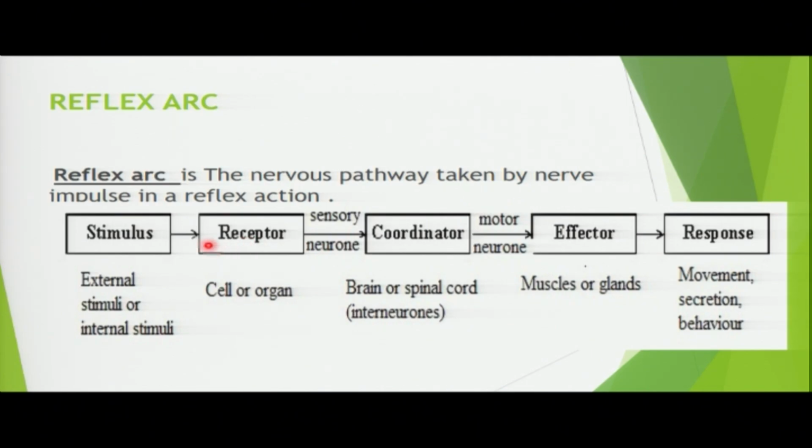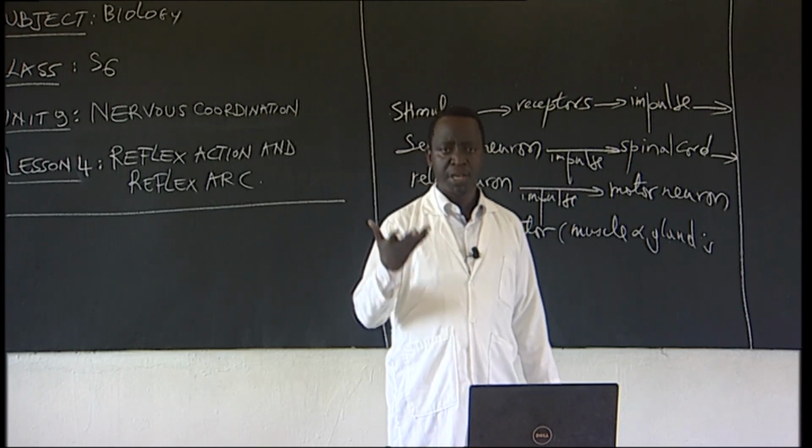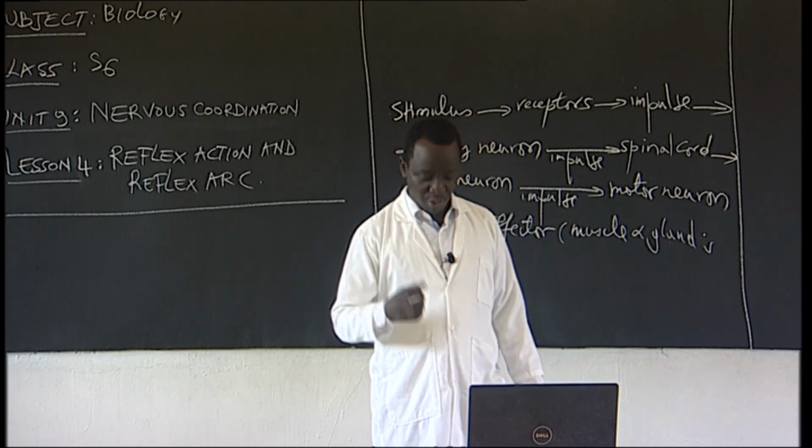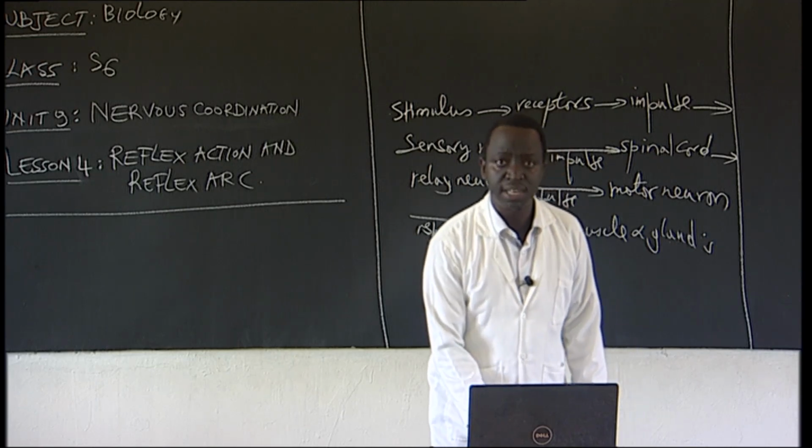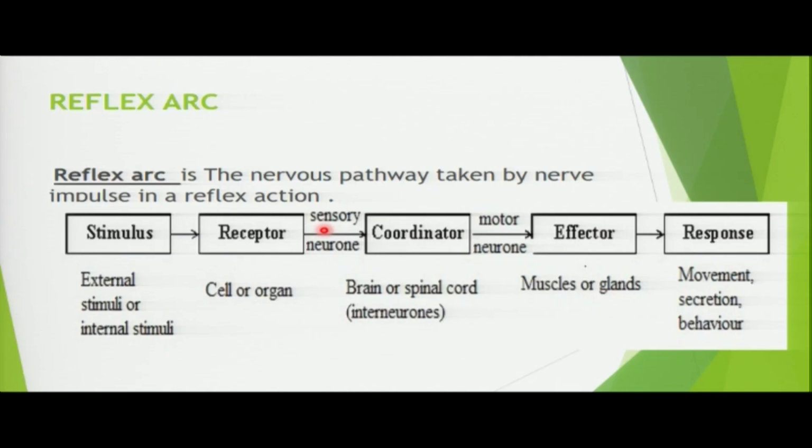It receives this stimulus, and then this stimulus is changed into an impulse. So now that impulse goes to the coordinator. You can ask yourself, what is the coordinator? The coordinator can be either the brain or the spinal cord. So this information is going to pass to the coordinator via the sensory neuron.